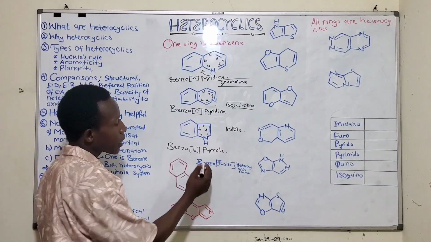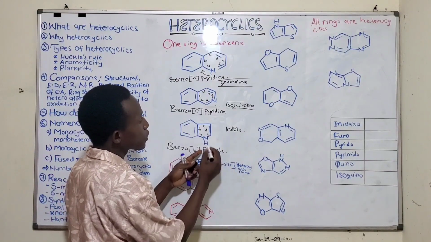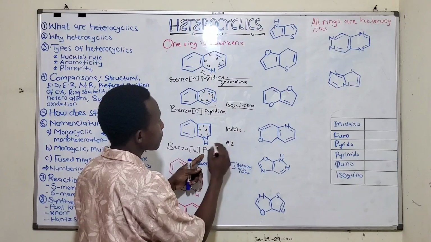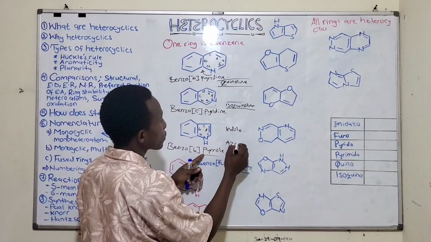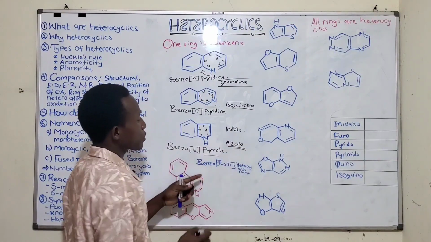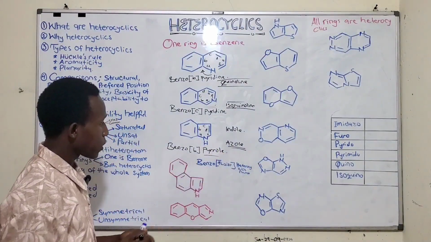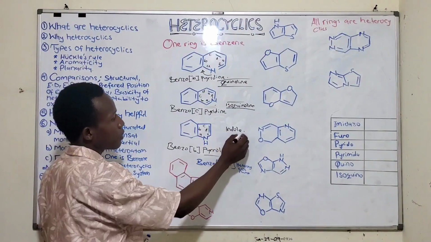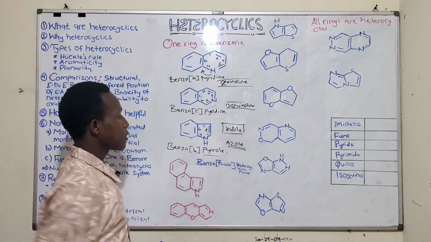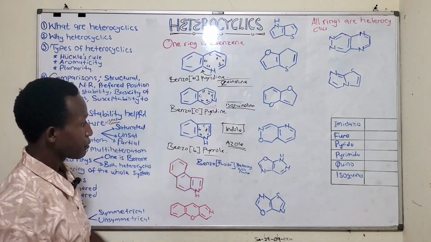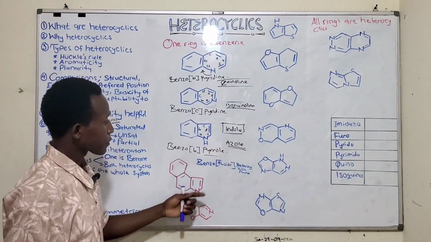Or you can use IUPAC names. For example, this one will be aza, so you can say benzo B, azole. It can work. Or indole. All of them are names for these heterocyclics.